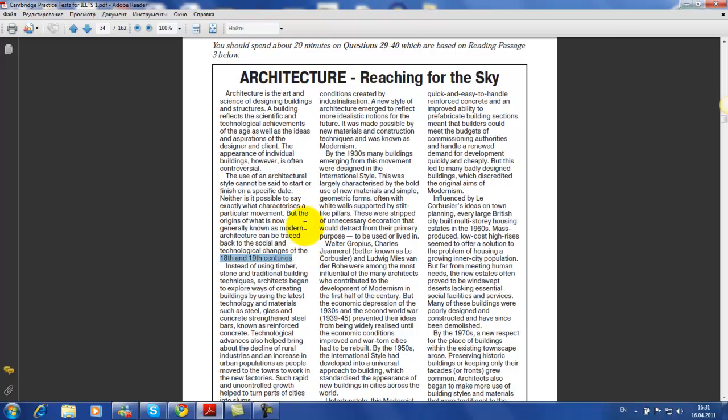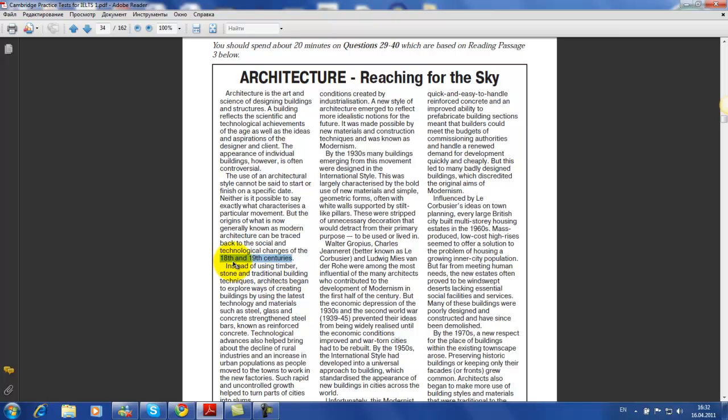So I'm reading before: but the origins of what is now generally known as modern architecture can be traced back to the social and technological changes of the 18th and 19th century. Instead of using timber, stone and traditional building techniques, architects began to explore ways of creating and so on.